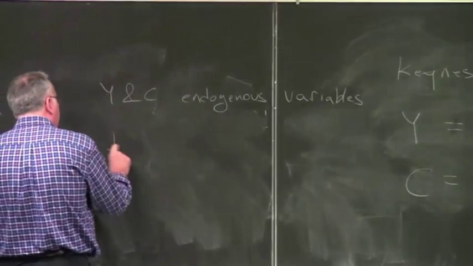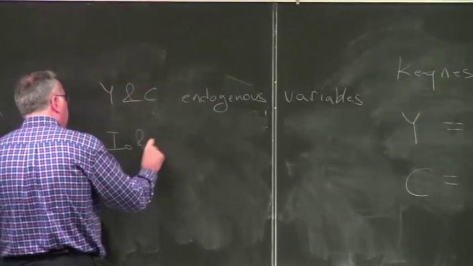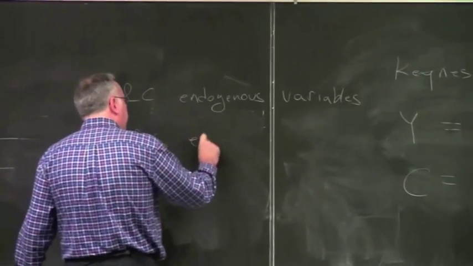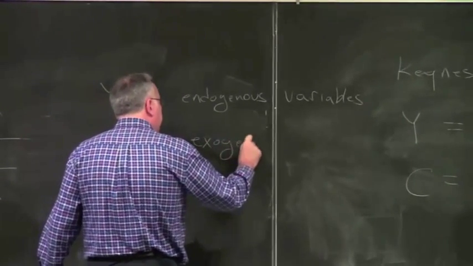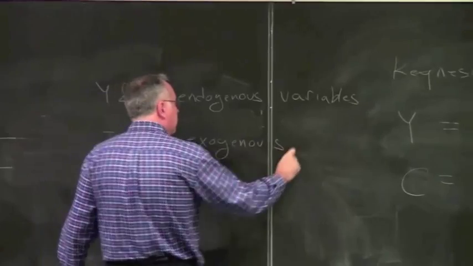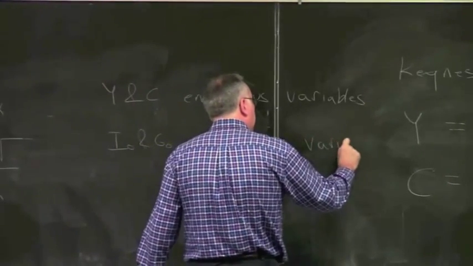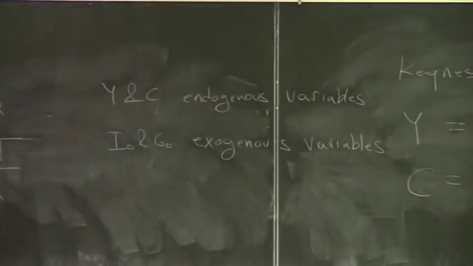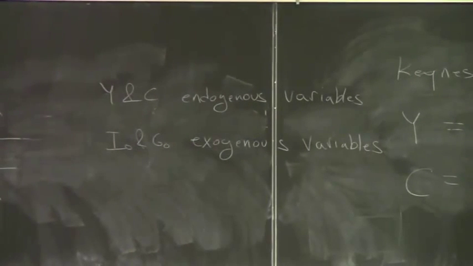I and G are exogenous variables. Exogenous means their values are determined outside the model.